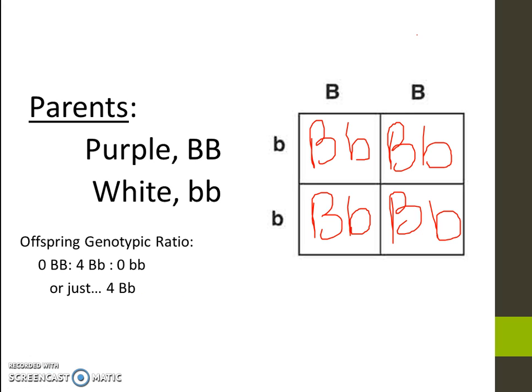So just to clarify, each one of these represents the possibility of what the offspring will be. So every single time these two parents reproduce, it ends up being 100% chance that their offspring will have this genotype. And then that tells us that all of their offspring then will have purple flowers. So their phenotypic ratio would look like that.